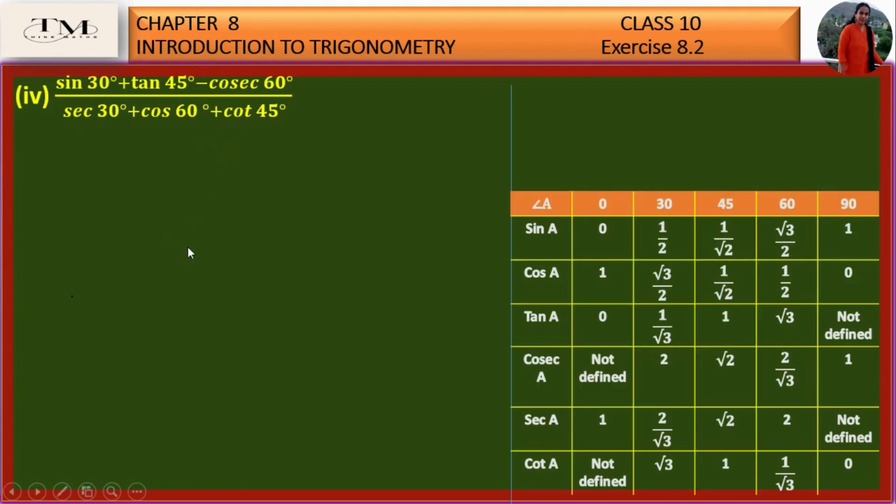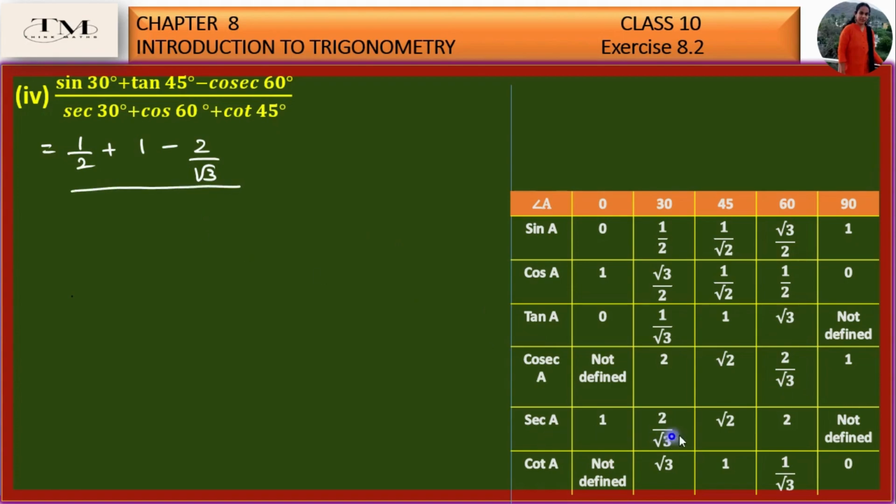So first one is sine 30. So sine 30 is 1 by 2. So which is equal to 1 by 2 plus what is tan 45? Tan 45 is 1 minus cosecant 60. So cosecant 60 is 2 by root 3, divided by what is secant 30?